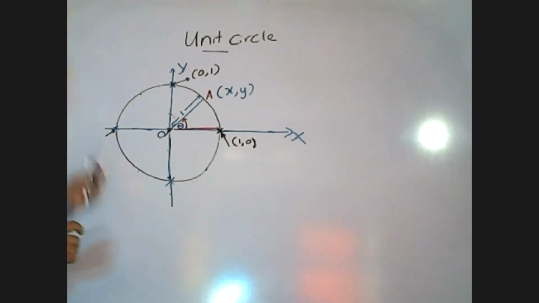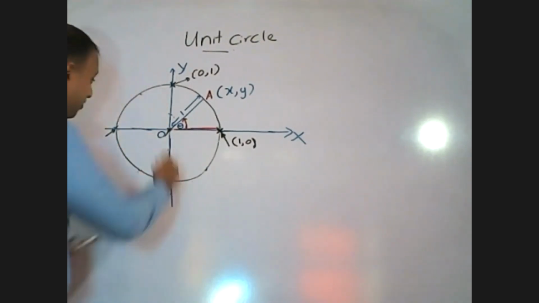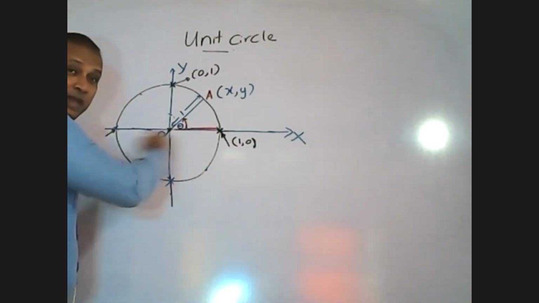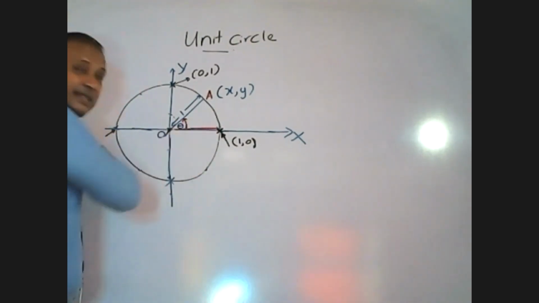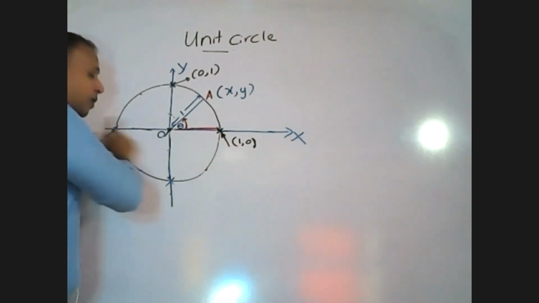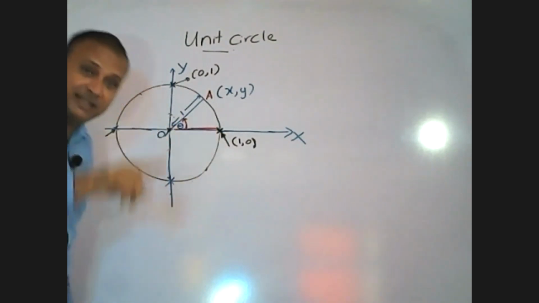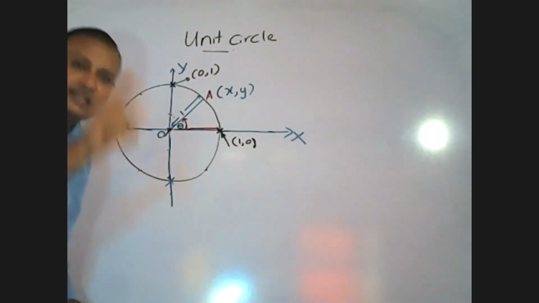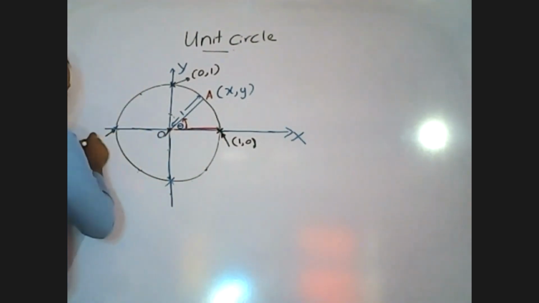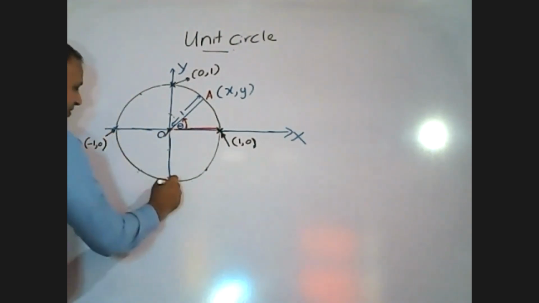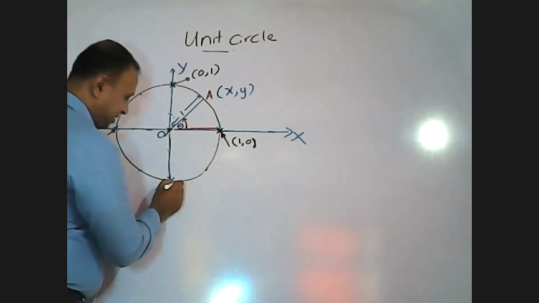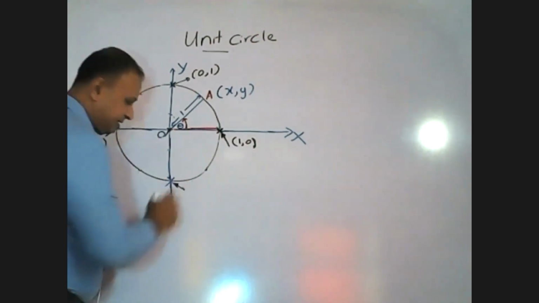Very good. (-1, 0), Puta, because now it is towards the left-hand side from the origin, so it should be minus. This one?